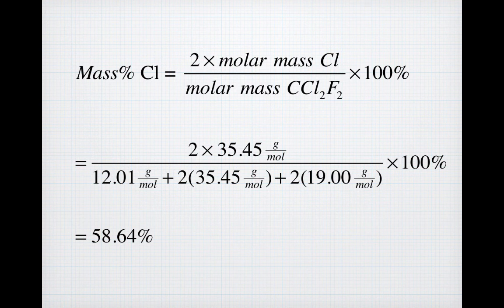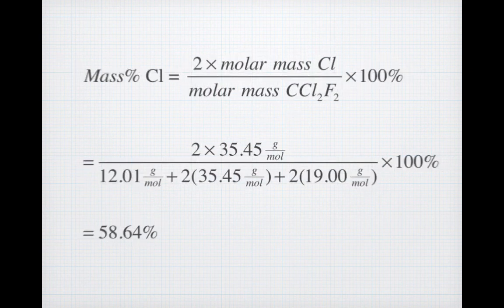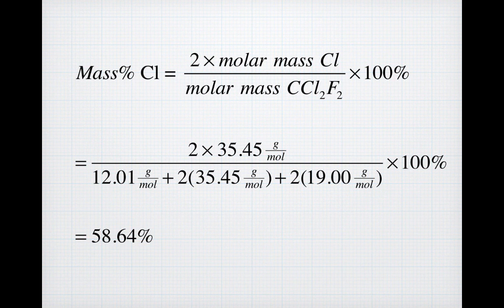So we say 2 times 35.45 grams per mole. We got that value from the periodic table. To find the molar mass of the chlorofluorocarbon, we see we have 1 carbon at 12.01 grams per mole.